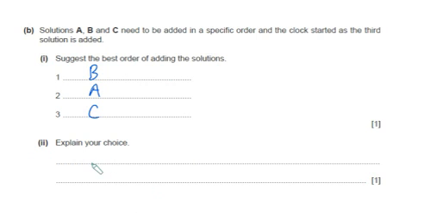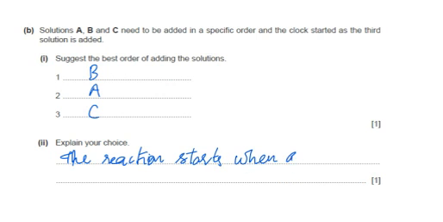When all the three solutions come in contact, the reaction will start. So we can write that the reaction starts when all the solutions are mixed or are present.